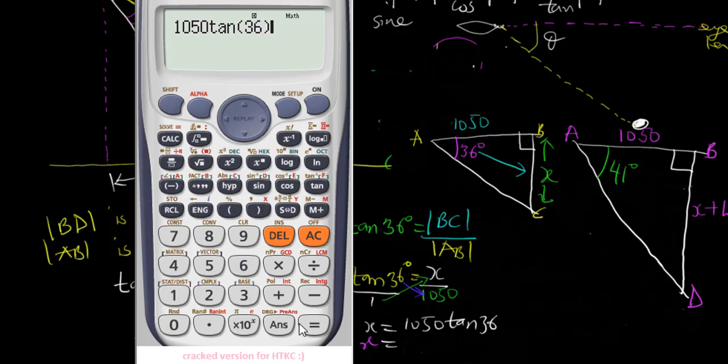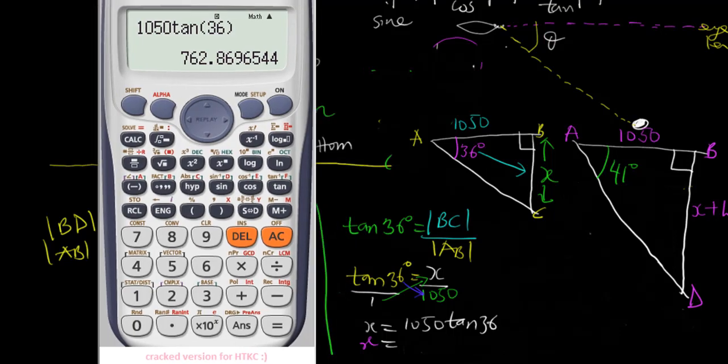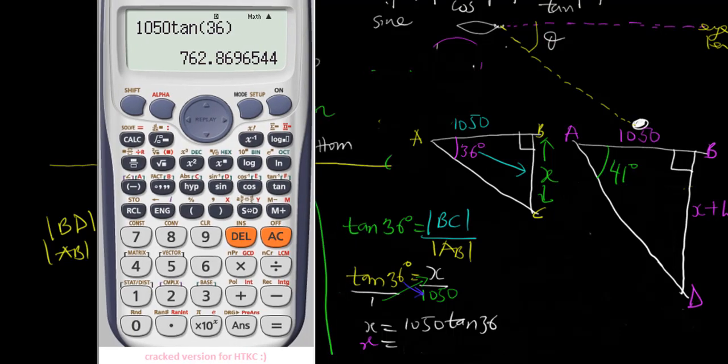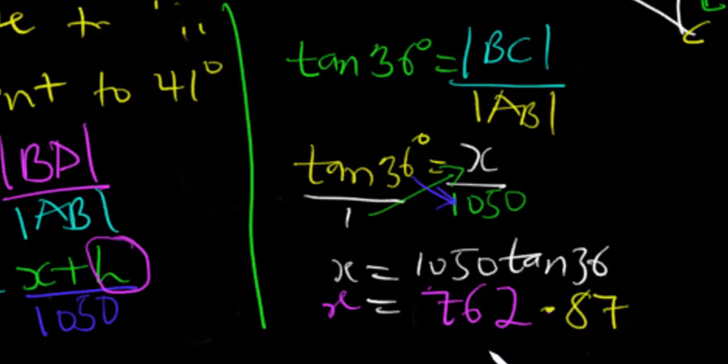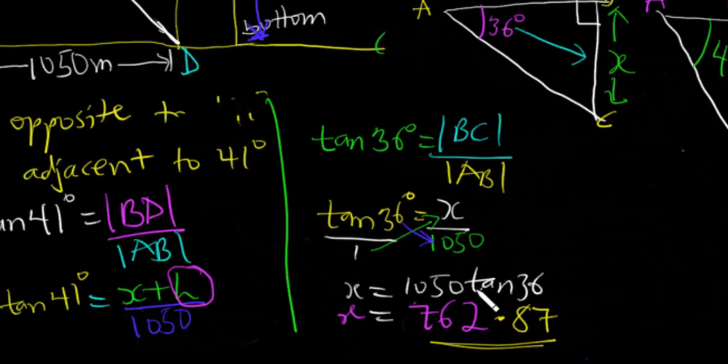All right, and I see 762.869, so 762.87 is okay, and that is the length of BC, or that is x.